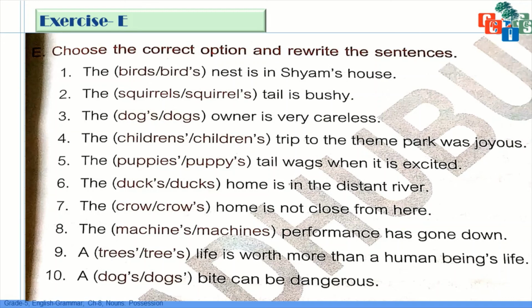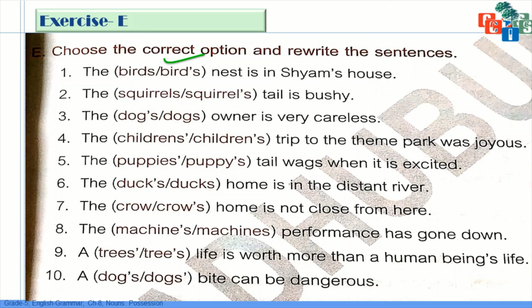Which answer will be there? So I will write here bird apostrophe s. Okay, this one. Why? Because it's not of many birds, it's the bird's nest in Shyam's house. Why am I speaking in Hindi? Just to explain the difference, why I chose this one and not this one.